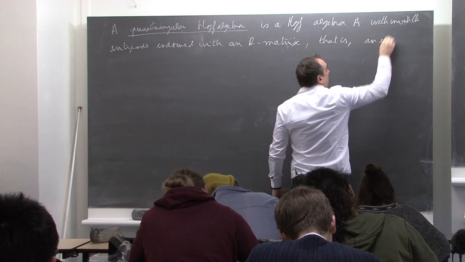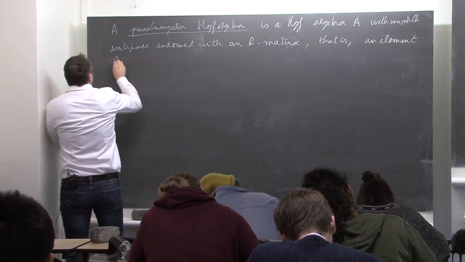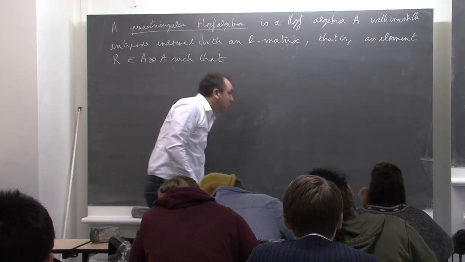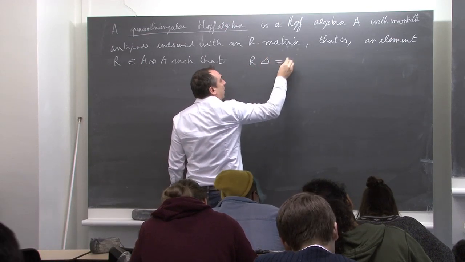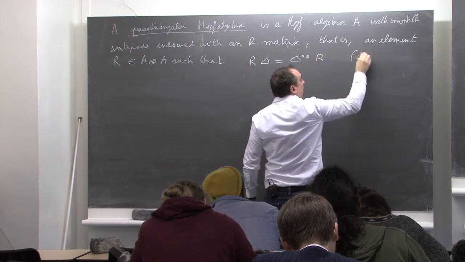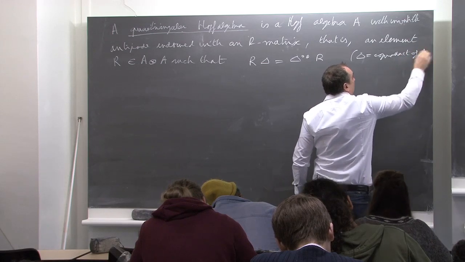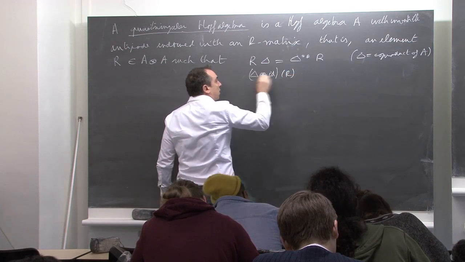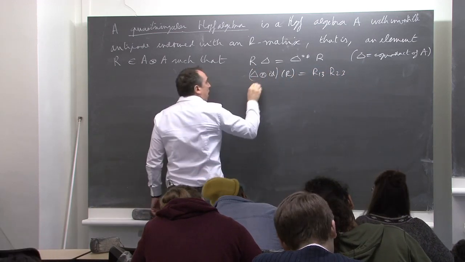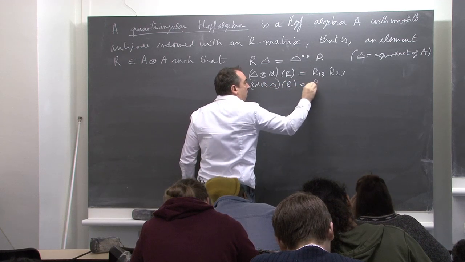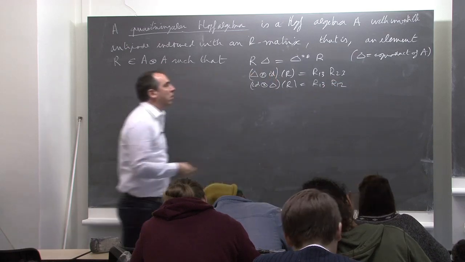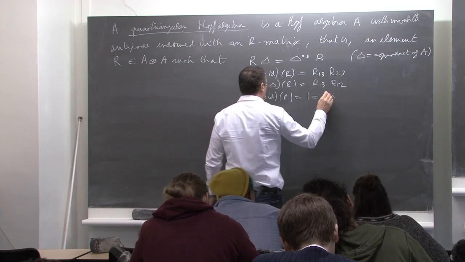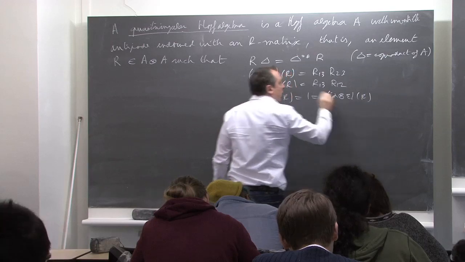This is an element R belonging to A tensor A such that R delta is delta opposite of R, where delta is the coproduct of A. And you have that identity tensor delta of R is R13 R12, and epsilon tensor identity of R is identity. So we have seen this last time.